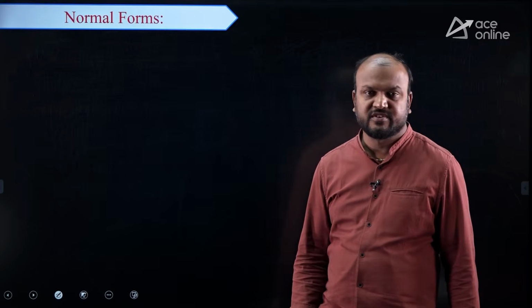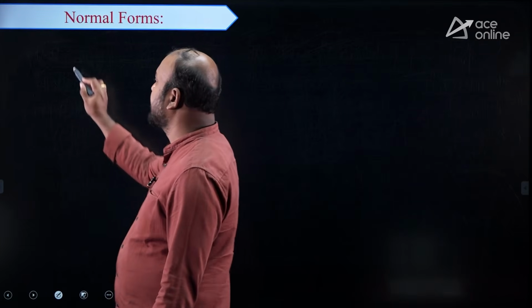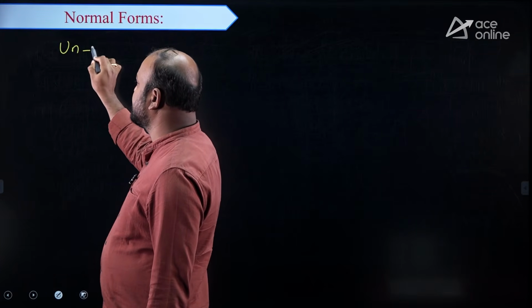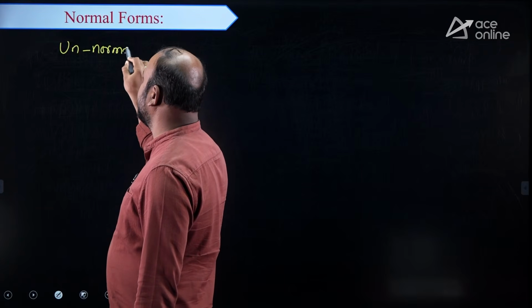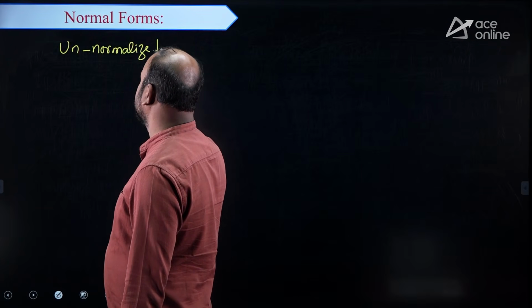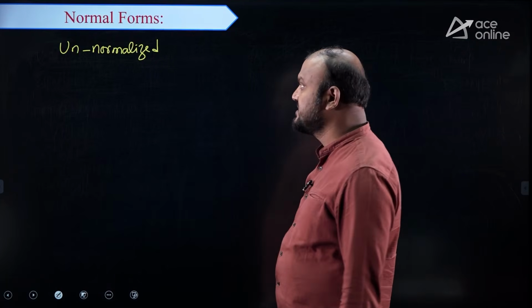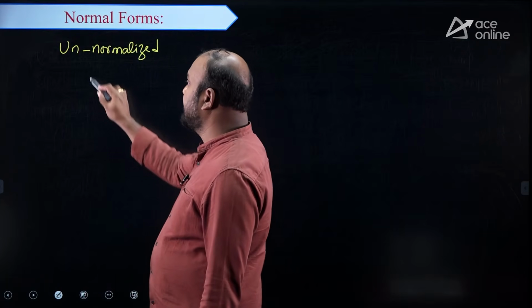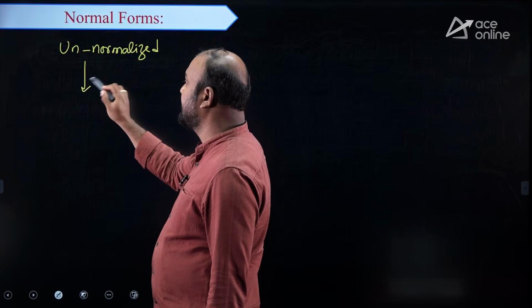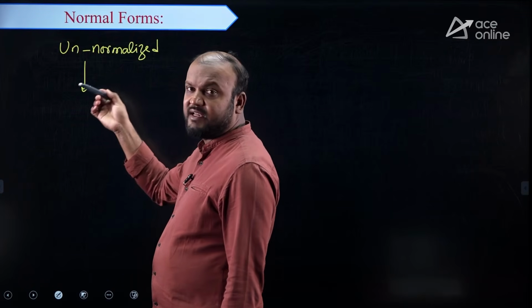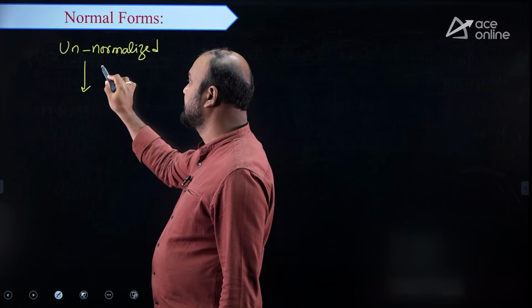Normal forms. Next, we'll go ahead with the normal forms. We started with an unnormalized relation. When can I call a relation unnormalized? It is not a normalized relation if it has multi-valued or composite attributes.